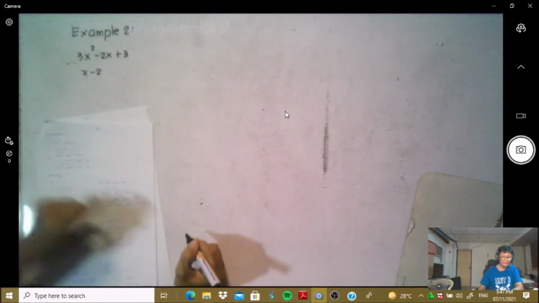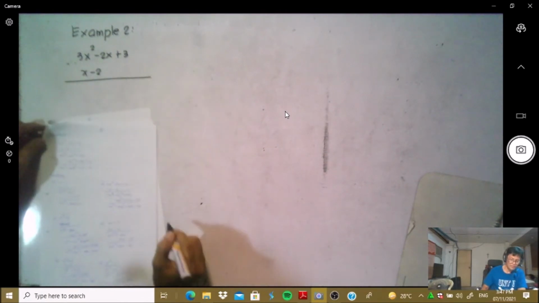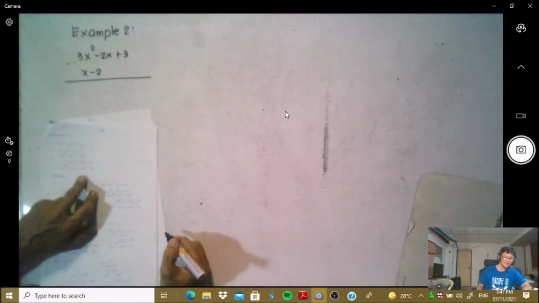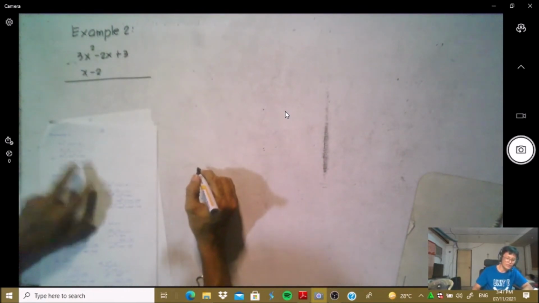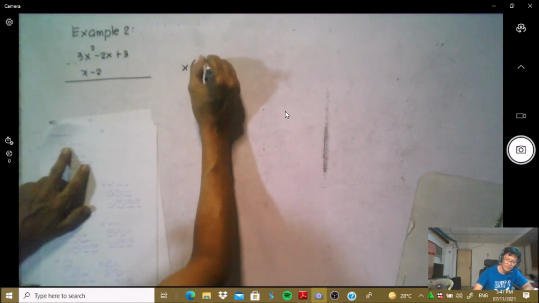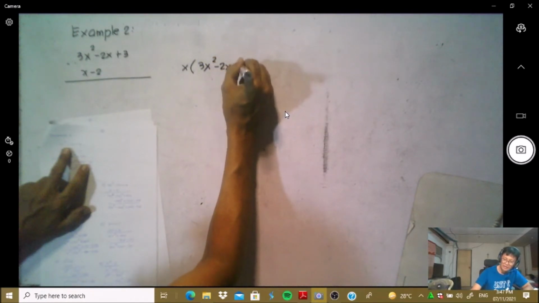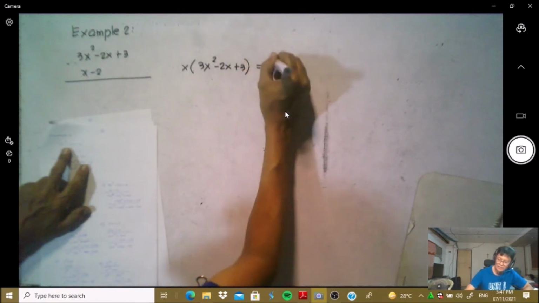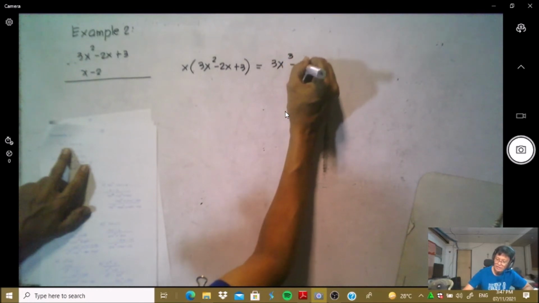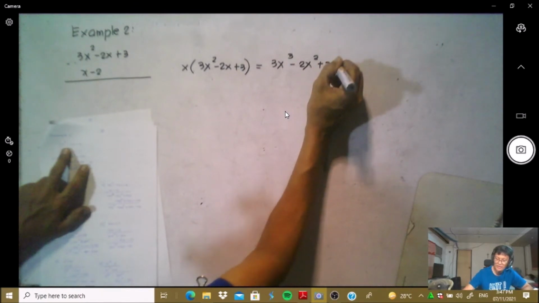Therefore, this time we have trinomial and binomial. Same procedure, we have to multiply first x with 3x squared minus 2x plus 3. And this will be equal to 3x cubed minus 2x squared plus 3x.